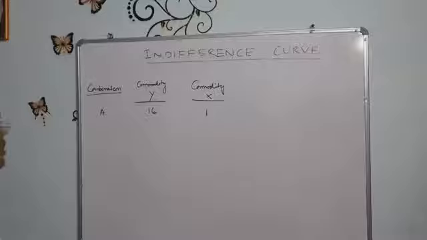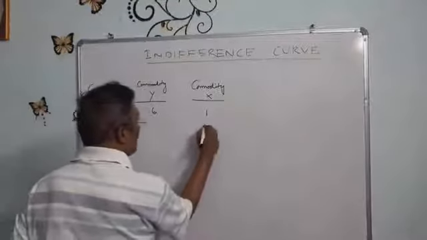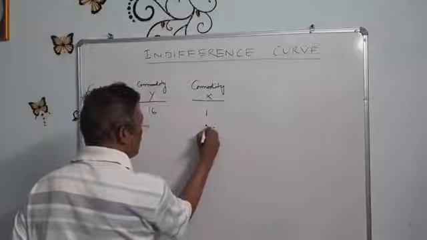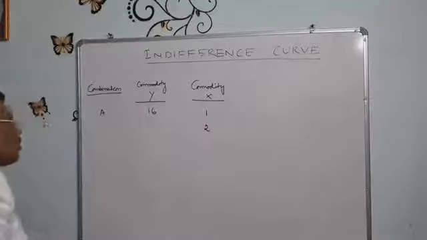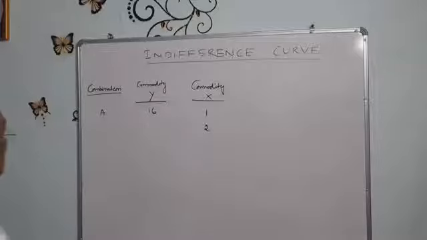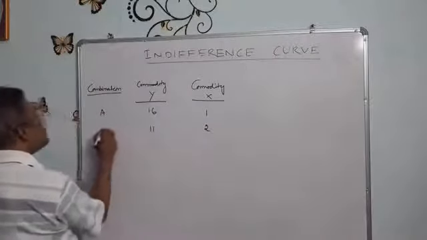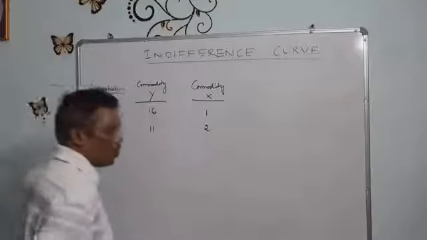And whenever we consume 2 units of commodity X, then the commodity Y is reduced, that is 11. The B combination is 11 and 2.